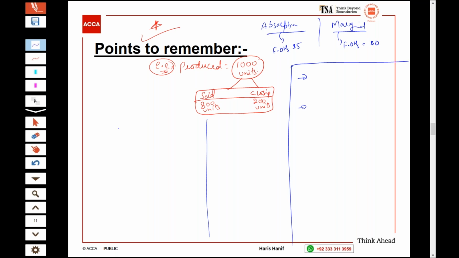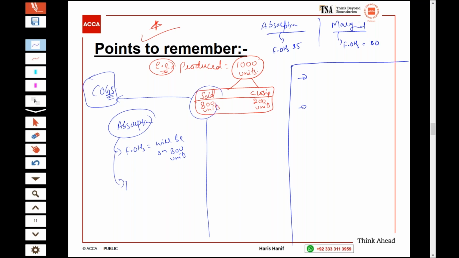If I use absorption costing, then fixed overheads will be on 800 units, because 800 units will be the cost of goods sold, and the fixed overheads of the 200 units will be transferred to the next month.